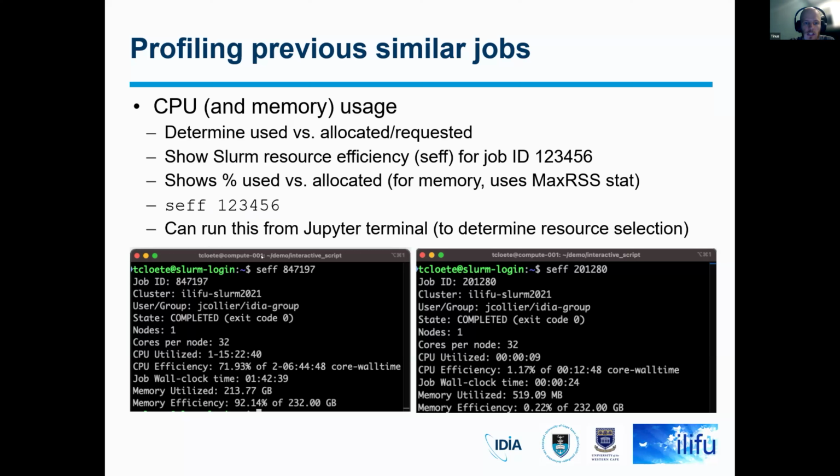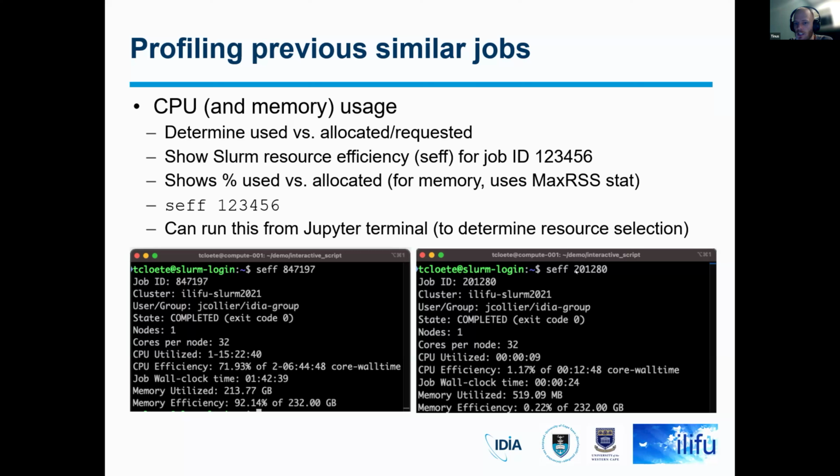So you can use seff and it'll give you the statistics, and it'll show you in this case that the CPU efficiency of the job was 71.9%. I also give an example of a job that was not being resource efficient and only using a small portion of the CPUs requested.